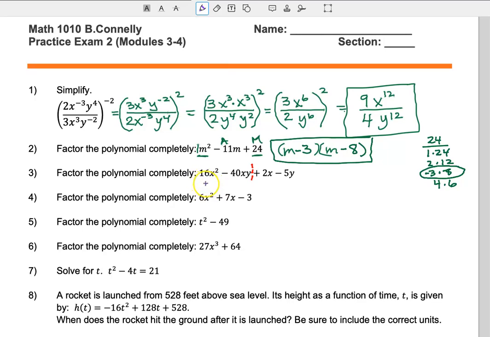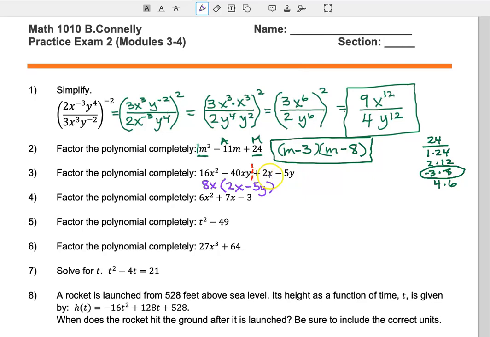What else besides 4? Yeah, so 8x. That we need to have there, because if we did the 4, then we'd still find that we had something in common that we could take out more. All right, and then if I divide each of these parts by 8x, then I'm left with 2x here. And on that one, I'm left with minus 5y.